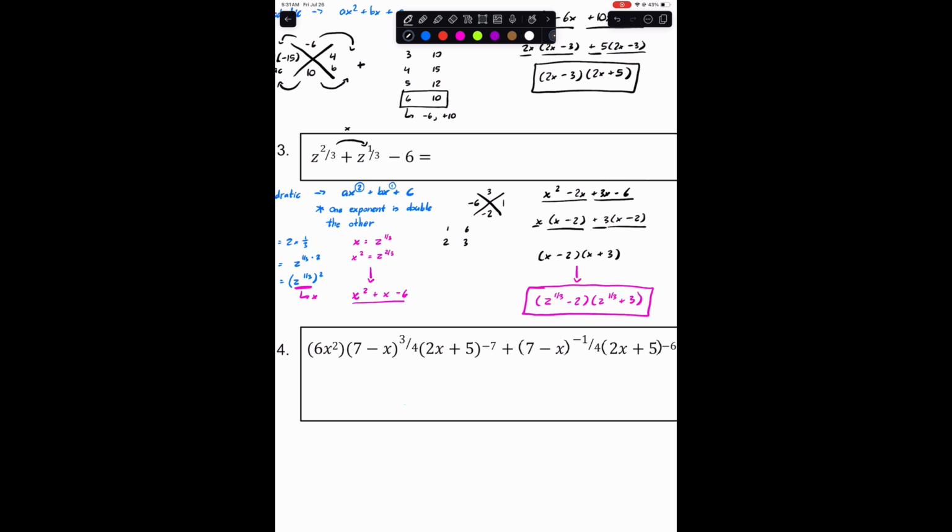But don't forget that when you substitute, you have a different variable from the start. So you have to substitute the variable back in to get the correct answer. So the answer is z to the 1/3 minus 2 times z to the 1/3 plus 3.